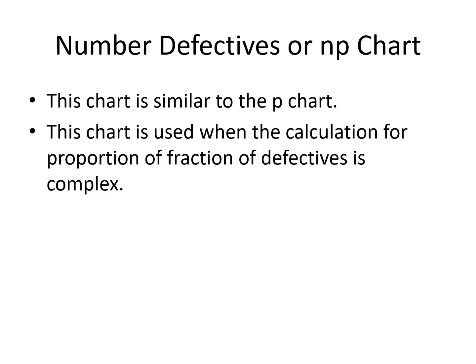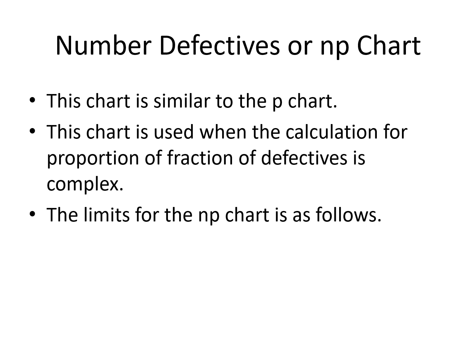Now just imagine the challenge if the number of defectives within the sample is much smaller. We would have to use a much smaller fraction, and the number of zeros after the decimal would be much more. So instead of using fractions, what we do in the number defective chart is handle the actual numbers which are defective.